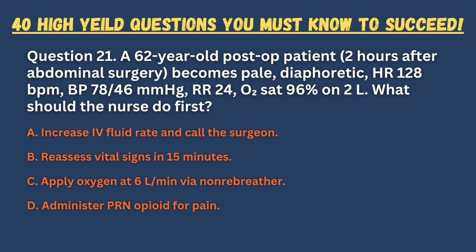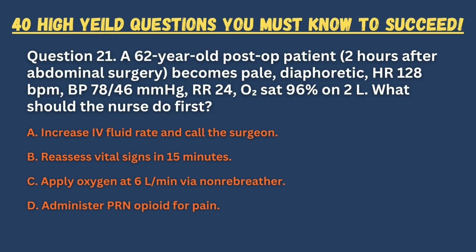Question 21. A 62-year-old post-op patient, 2 hours after abdominal surgery, becomes pale, diaphoretic, HR 128 BPM, BP 78 over 46 millimeters of mercury, RR 24, O2 sat 96% on 2 liters. What should the nurse do first? A. Increase IV fluid rate and call the surgeon. B. Reassess vital signs in 15 minutes.